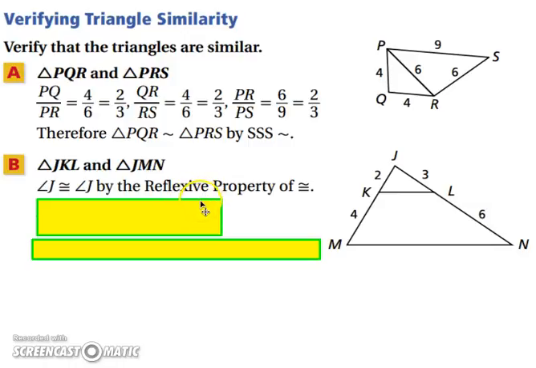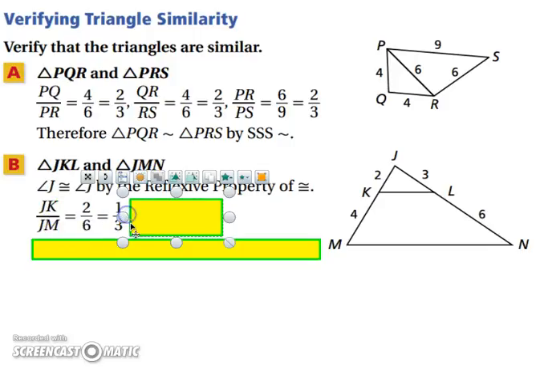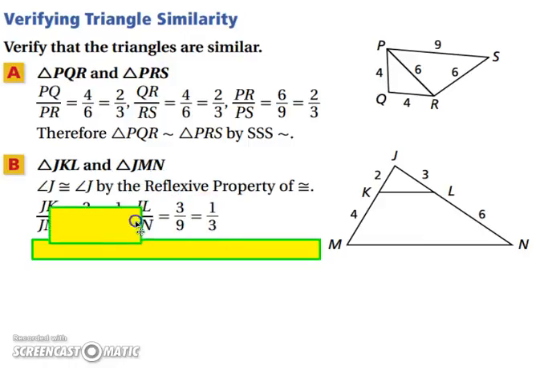So, JK over JM, which would be 2/6, is 1/3. And then we have JL and JN, which would be 3/9, which is also 1/3. Therefore, by side-angle-side similarity, our triangle JKL is similar to triangle JMN.